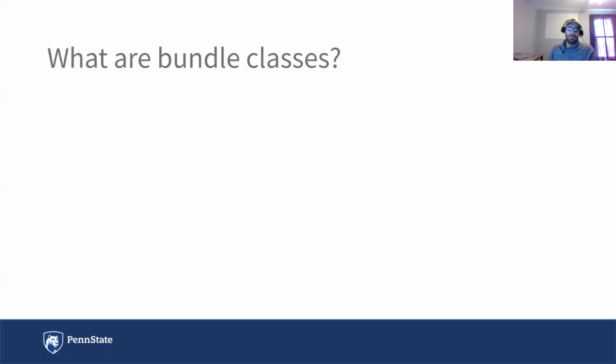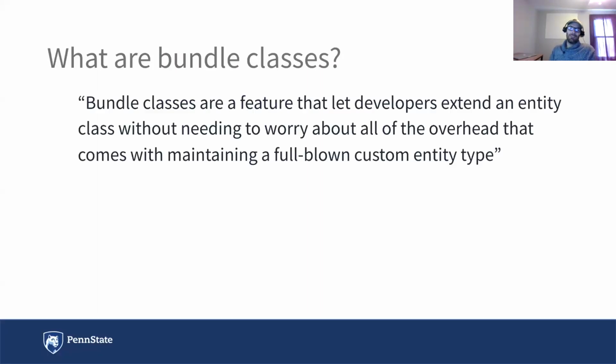So bundle classes, if I had to describe them, I would say that they're a feature that let developers extend an entity class without having to worry about the overhead that comes with maintaining a full-blown custom entity type.